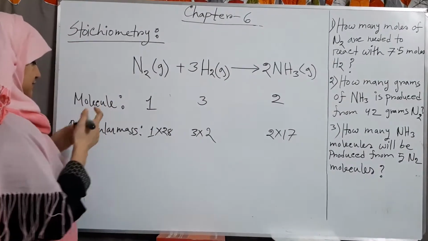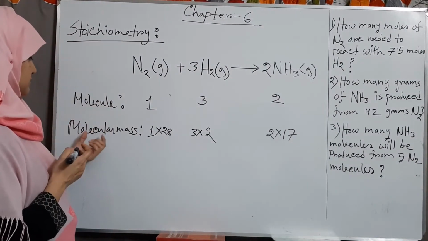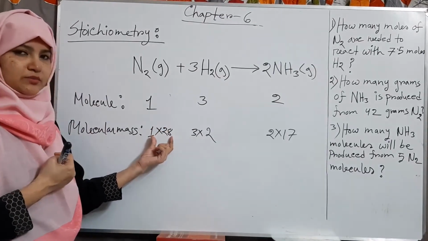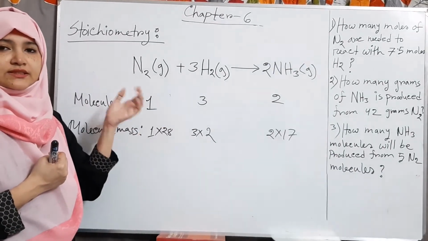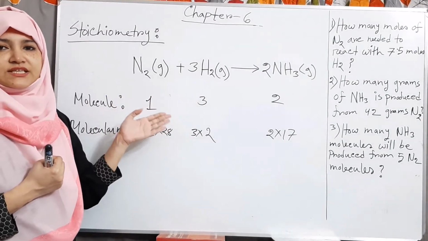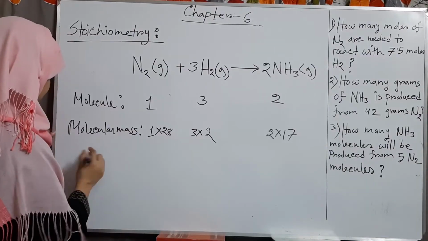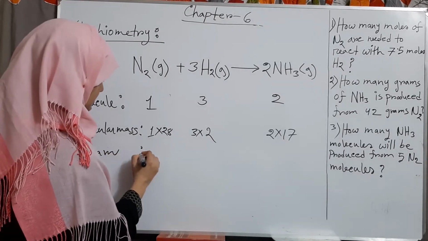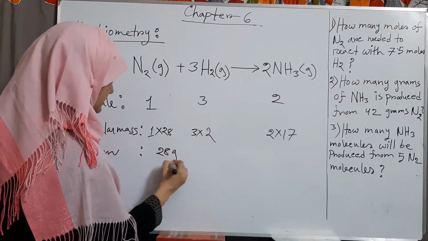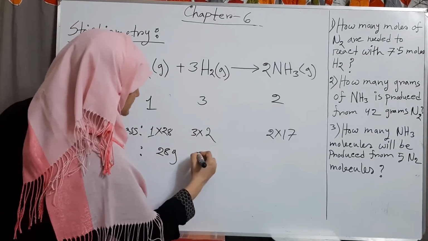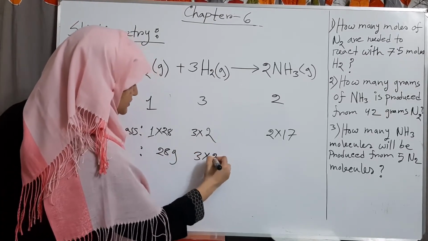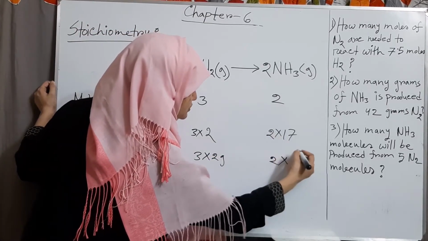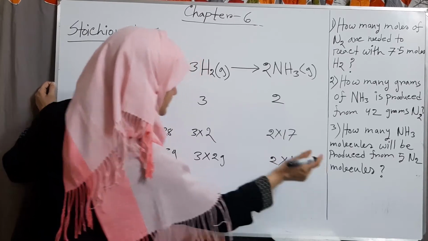And after that we know, if we express the molecular mass in gram unit, then this amount is considered as a mole. Then 28 gram, this is 3 into 2 gram, and this is 2 into 17 gram.